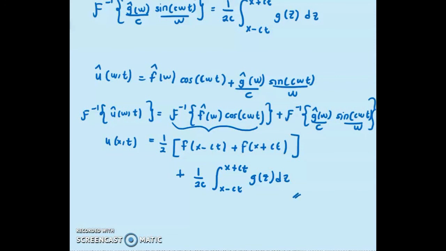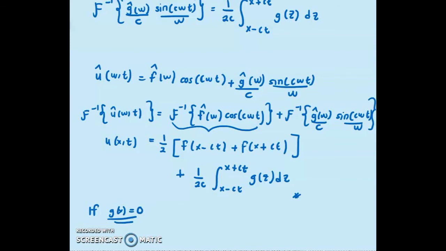So this is the solution for the wave equation on an infinite interval. Now, if my g(x) is 0, that means we don't have this whole term, because it comes from the second initial condition.